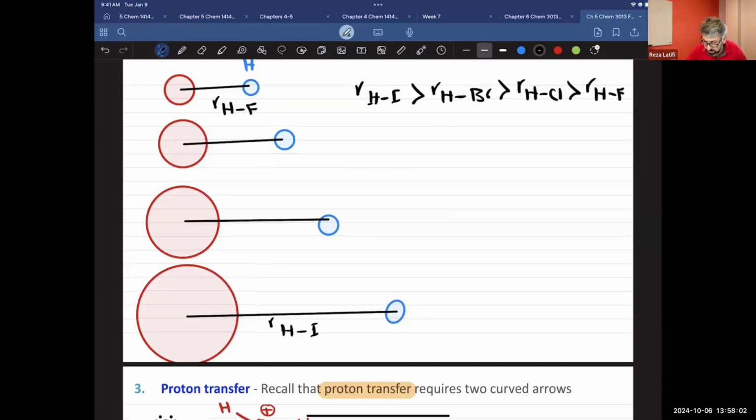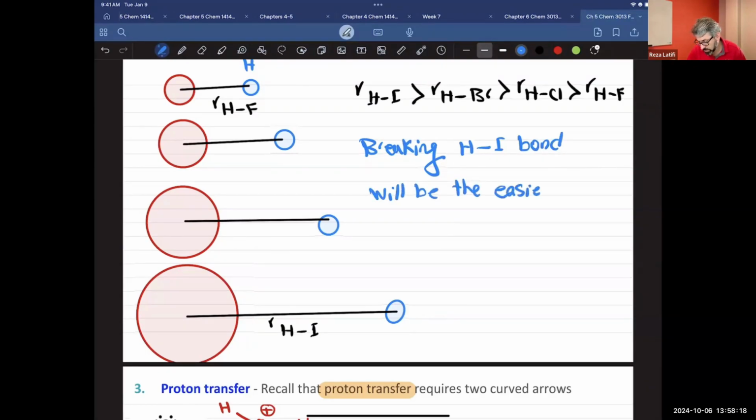That means breaking the HI bond will be the easiest. It requires less activation energy, because we were talking about activation. It needs less energy, meaning the activation energy is way lower. If that one requires the minimum energy, it will be the easiest to break.